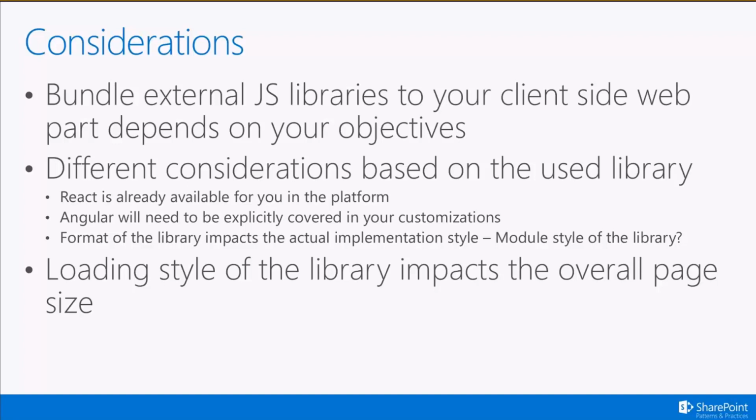Because then you will end up in a situation where individual client-side web parts are referencing, for example, one Knockout, one React, one Angular. It works, and that's fine, but the overall page size which is getting loaded whenever somebody requests a page grows enormously. So having a consistent way of doing development and a consistent library within a single deployment absolutely makes sense.